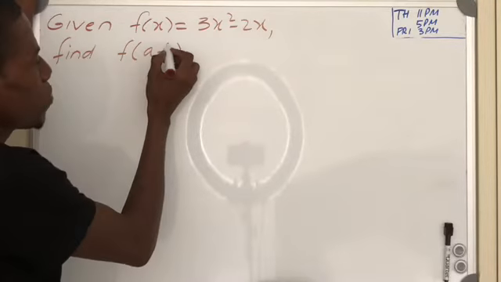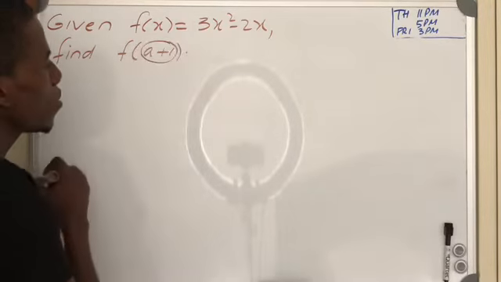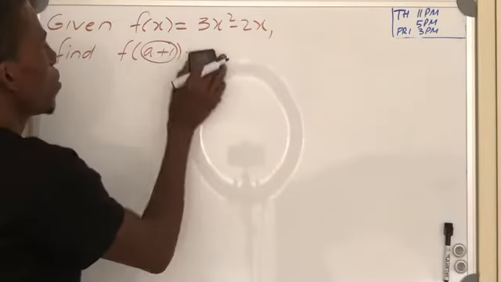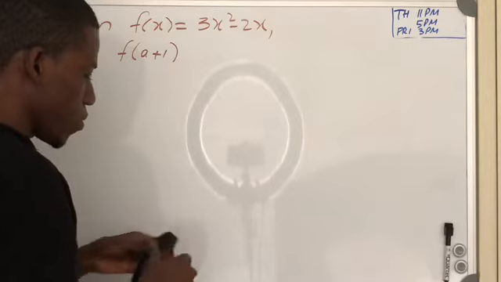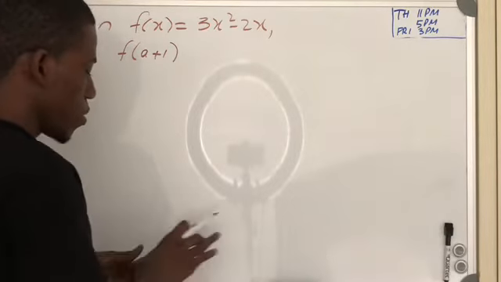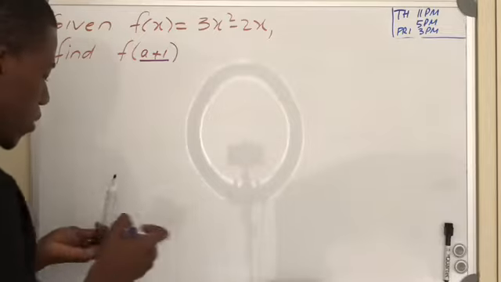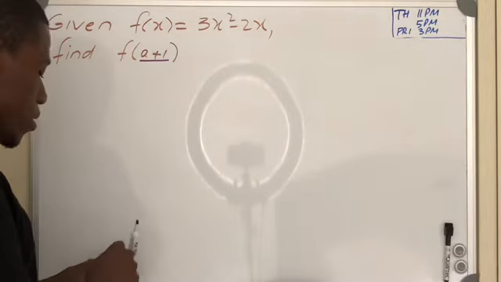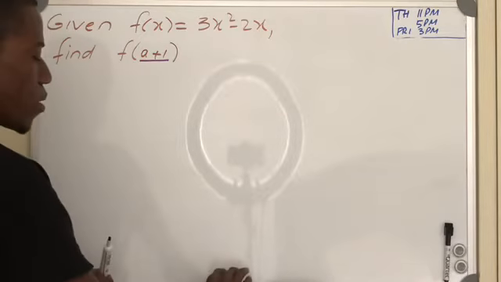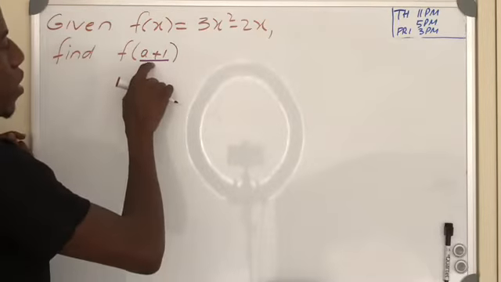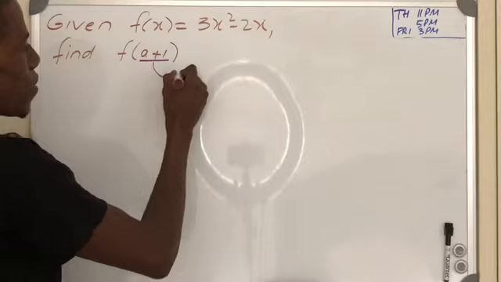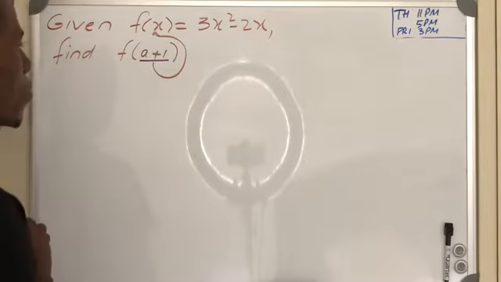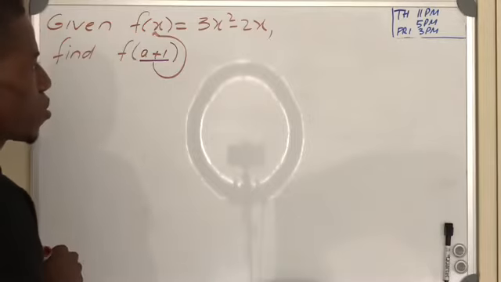When you have a function and they ask you to find a value with a different variable, the only thing you need to do is take whatever variable they give you here and replace it for this variable everywhere in the function.